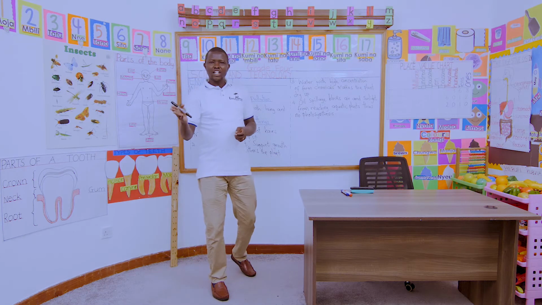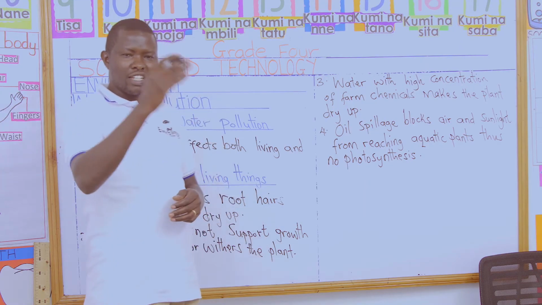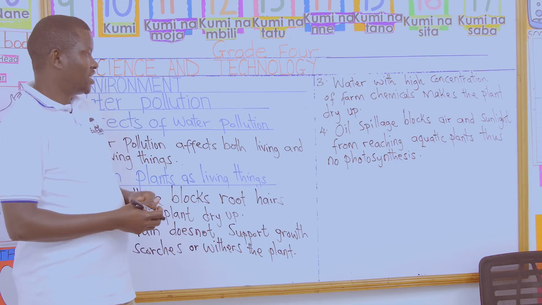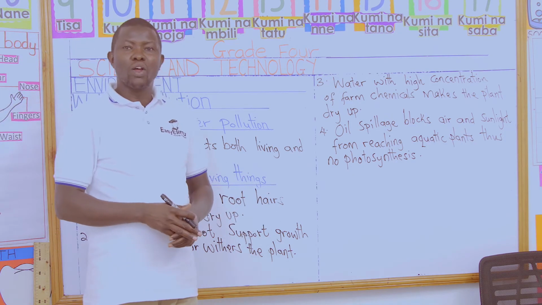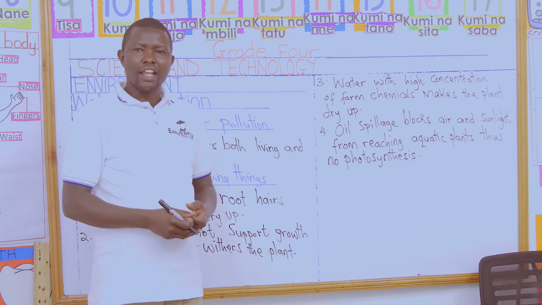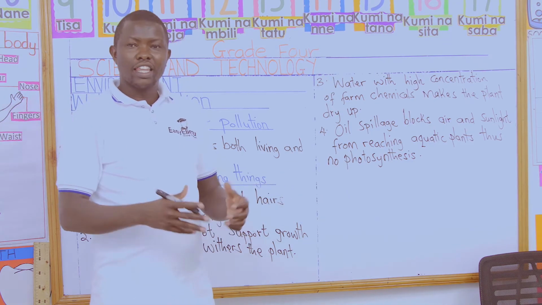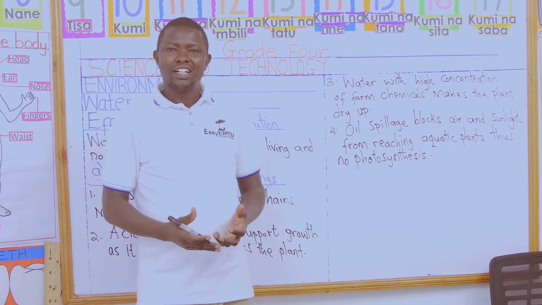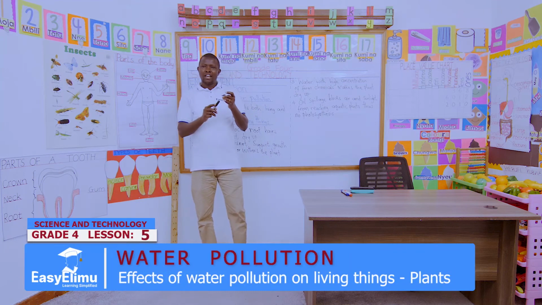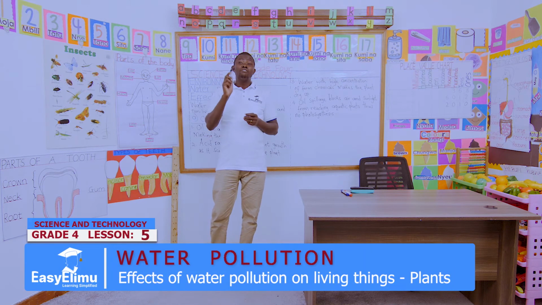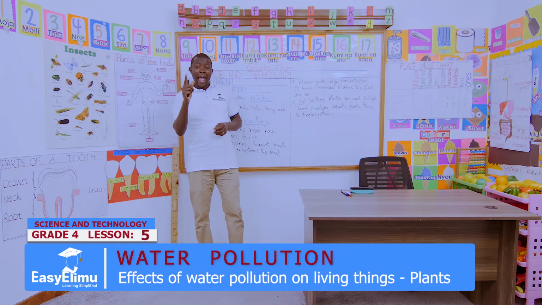And from our discussion, the last effect, yes, John, the oil spillage blocks air and sunlight from reaching the aquatic plants. Remember one thing, air and sunlight are very vital. They are very important in plant growth. Why?